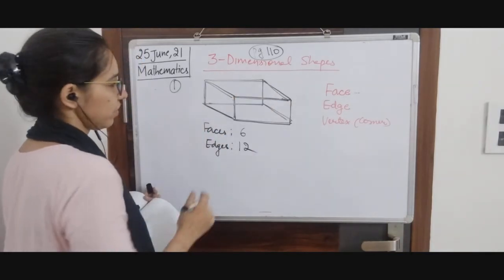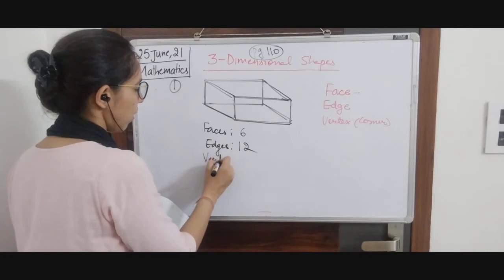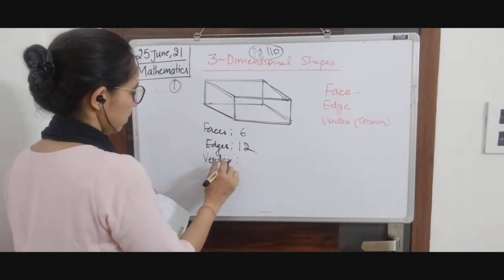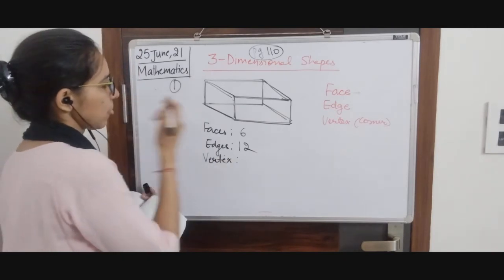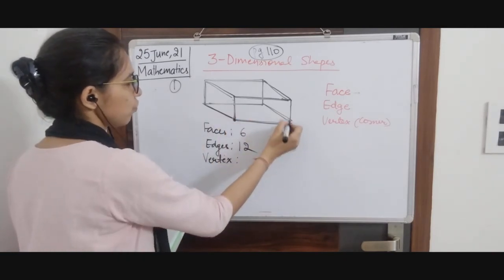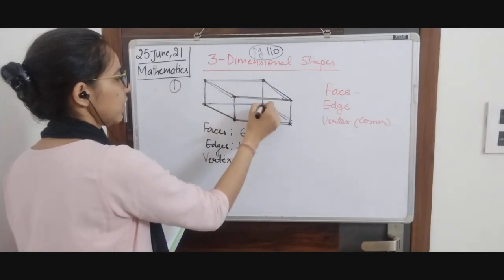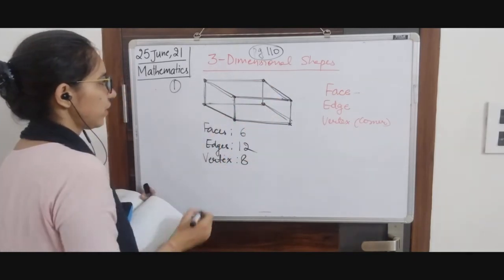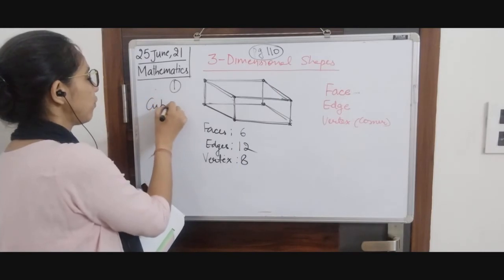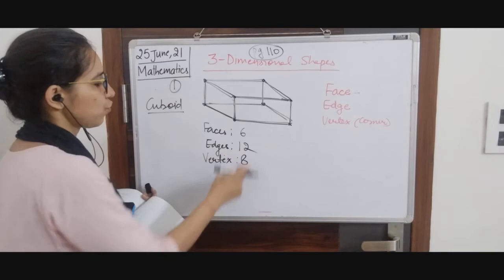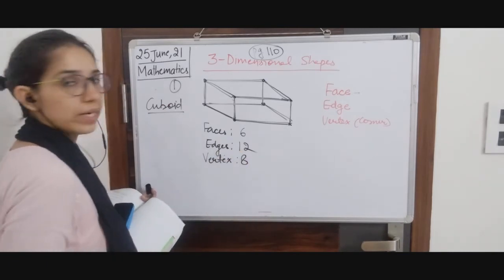So there are 12 edges, correct? Then we have to count the vertices or corners, the points. 1, 2, 3, 4, 5, 6, 7, 8. So it has 8 vertices. So in a cuboid there are 6 faces, 12 edges, 8 vertices.